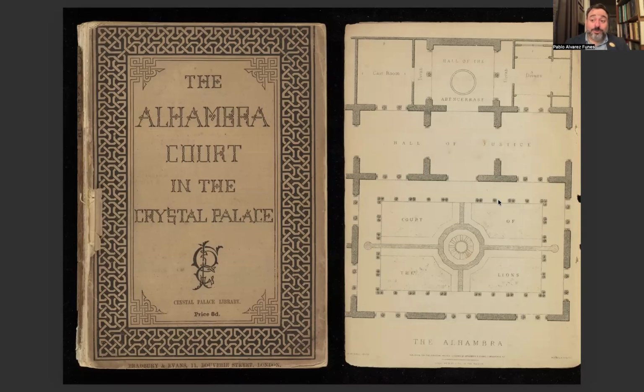Whether they are right or not, they are the design decisions that Owen Jones took, and if you don't have any other source, you can use them in a much better way than just looking at the pretty engravings of his Alhambra. So that's why this humble guide on a tourist attraction is all of a sudden more interesting than the whole monography about the original building.